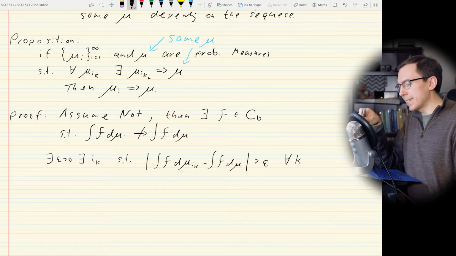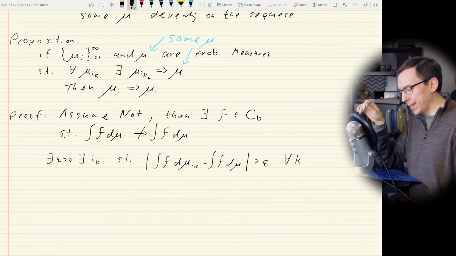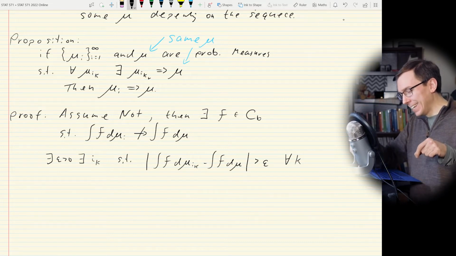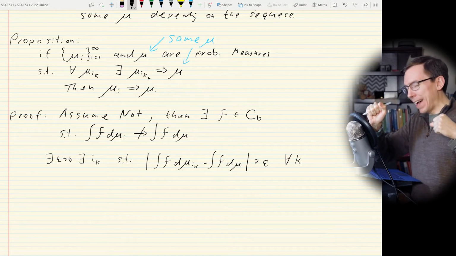The point being is that if this convergence doesn't happen, then I can find a subsequence such that the integral with respect to μ_{i_k} has to stay away from the integral of f dμ.